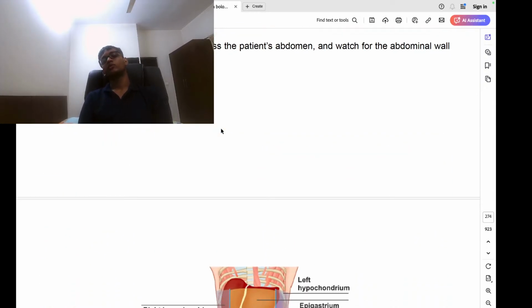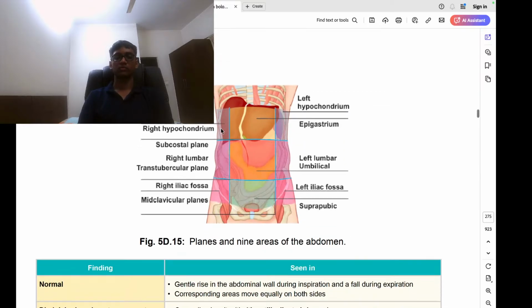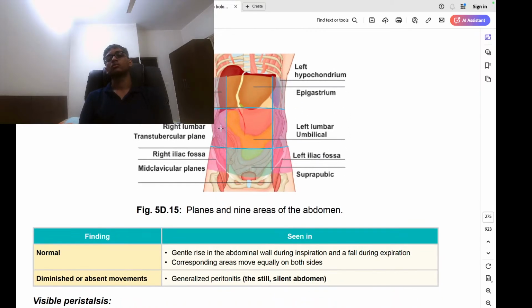Then movement with respiration, method of examination: you shine a light across the patient's abdomen and watch for abdominal movements. You have right hypochondrium, left hypochondrium, epigastrium. In the subcostal plane, you have right lumbar, umbilical, left lumbar.